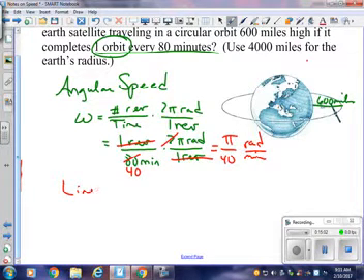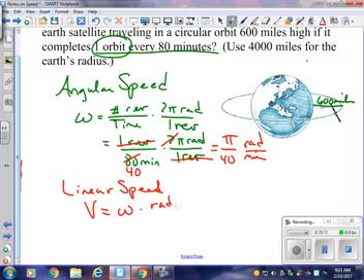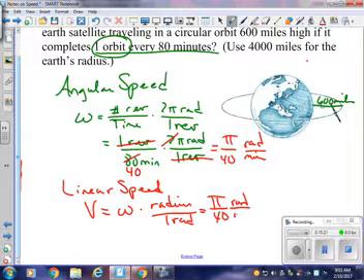All right, let's go back over the formula for linear speed. Velocity equals omega times the radius over 1 radian. So I have pi over 40 radians per minute. I know I'm going to put it over 1 radian, but I need to discuss, well, what is the radius of my circle?